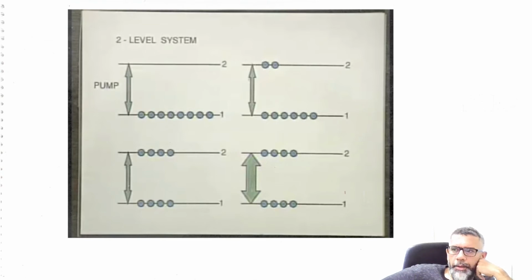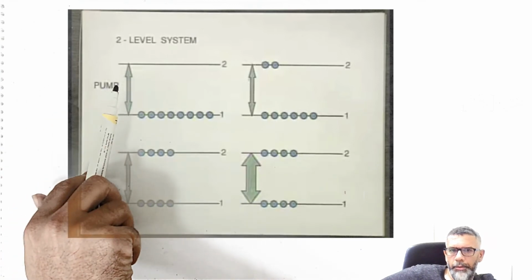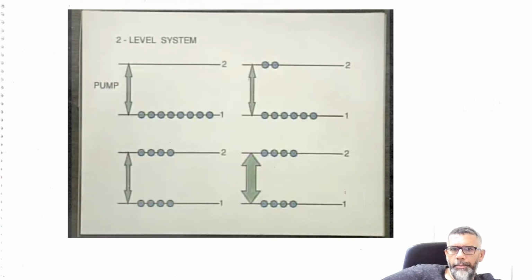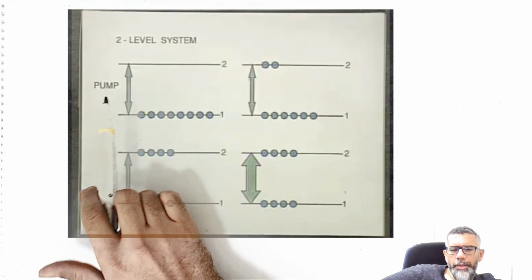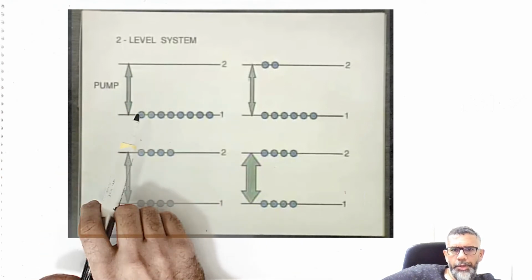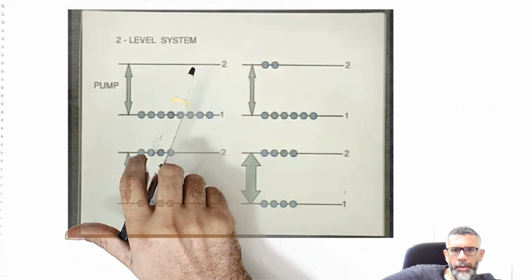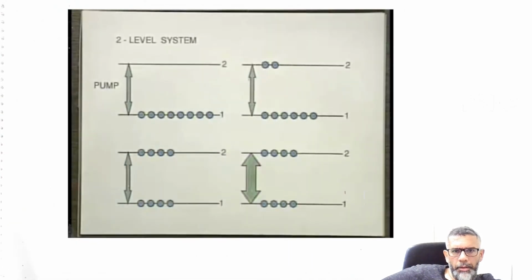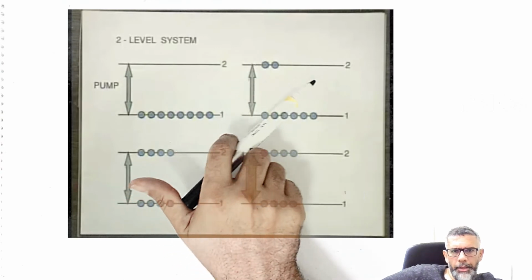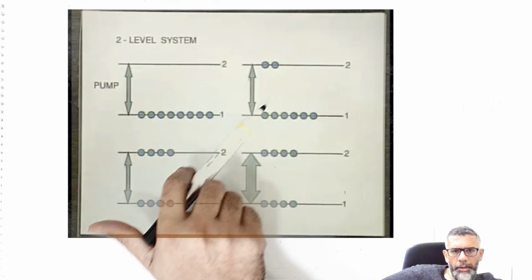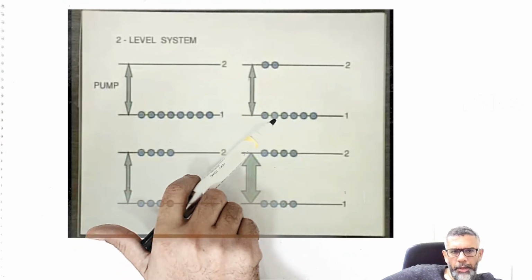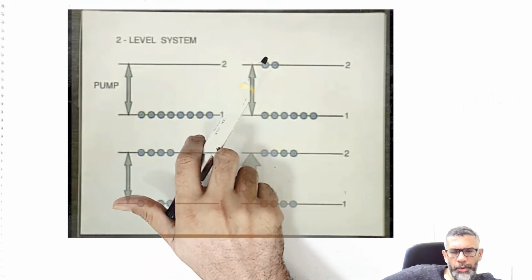So what you see in this first picture is that there is this pump. What does the pump mean? Pump is a process which just takes the electrons of the ground state into the excited state. We are just pumping the second, excited energy level by bringing the ground state electrons to this level.